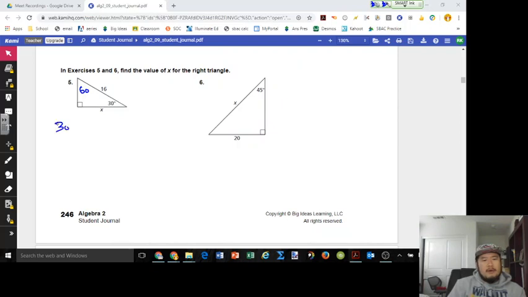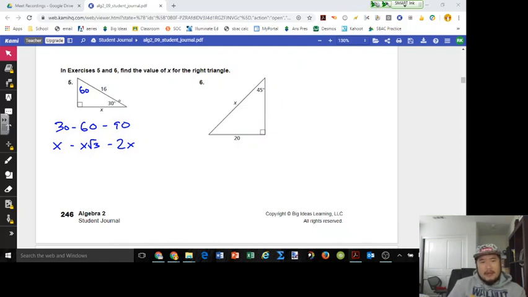And remember, we have 30, 60, 90. We'll write that out. Side opposite of 30, we put as x, or the leg. Opposite of 60 is, sorry, we have ourselves x rad 3 right here in 30, 60, 90. And opposite of 90 is 2x.